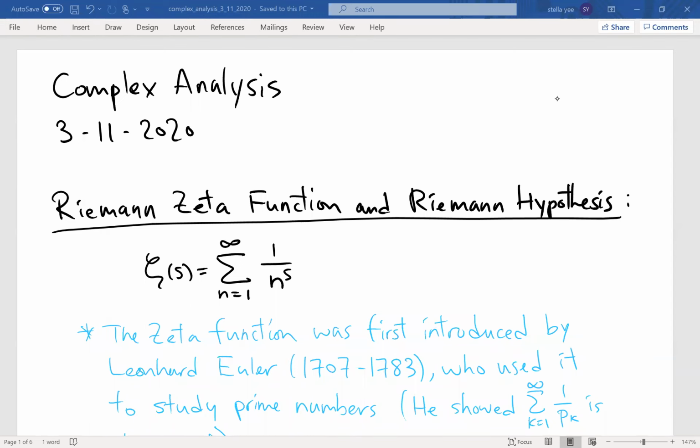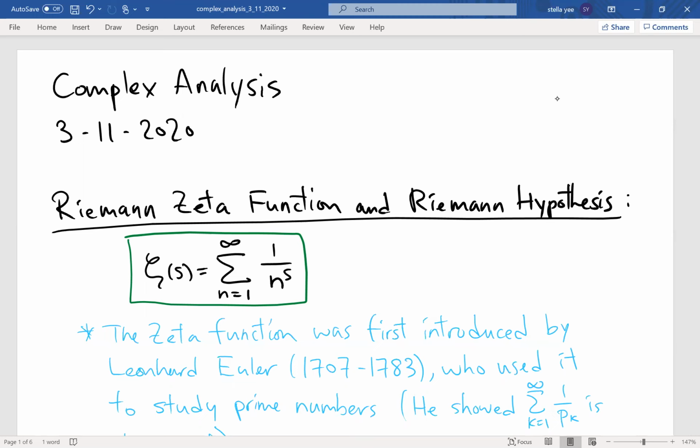There's a capstone project in there. So, well, let's get started. So here's the definition of the Riemann zeta function. It's an infinite series of 1 over n to some exponent s.